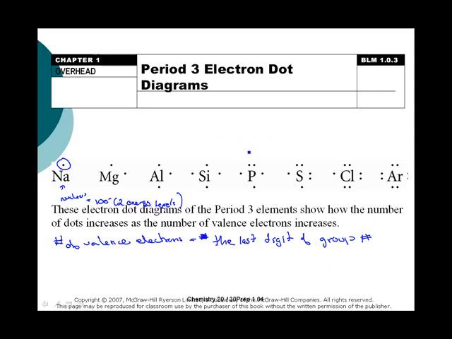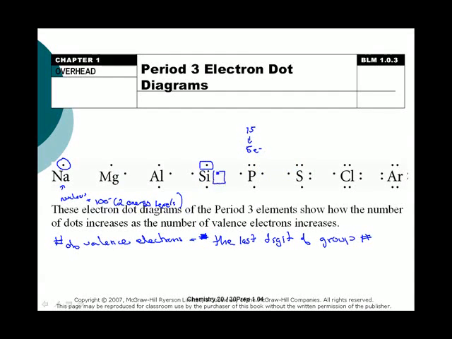So for example, we know that phosphorus is in group 15, so it's going to have 5 electrons in its valence orbital. As we start pairing electrons up, for example, silicon has 4 valence electrons, 1 in each orbital, and an orbital exists on each side of the symbol.